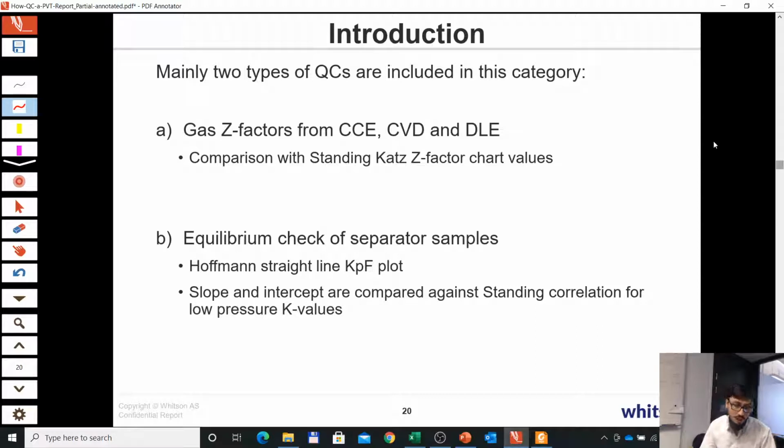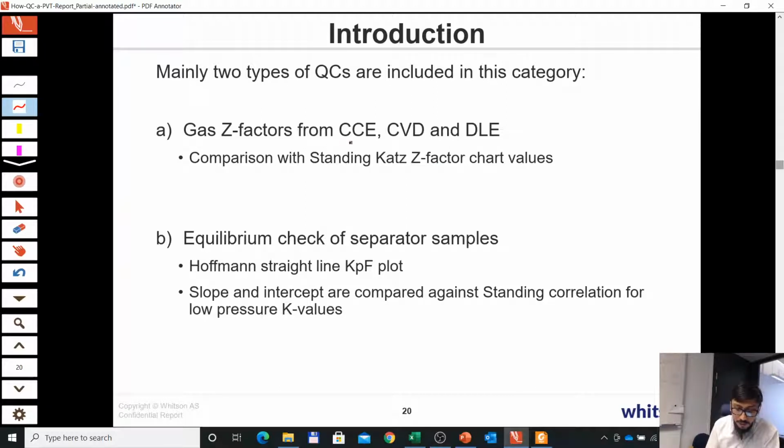One is the QC of the gas Z factors, and the other is the equilibrium check of separator samples. As the name implies, this is comparison with correlation, so we will be using some kind of correlation to see whether the reported data is of good quality or bad quality. When it comes to gas Z factors, we will be using the standard Standing-Katz Z factor chart, and there will be certain correlations that we'll be using to come up with the properties needed to use the Standing-Katz Z factor chart.